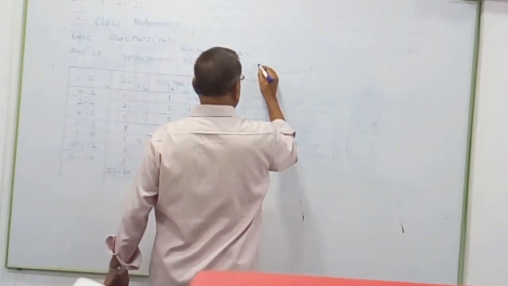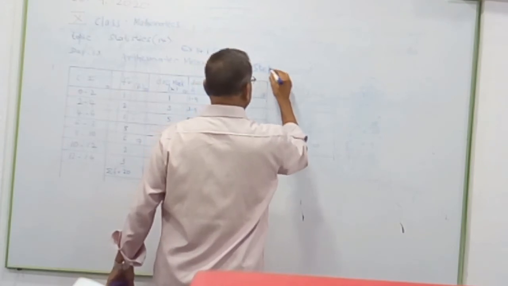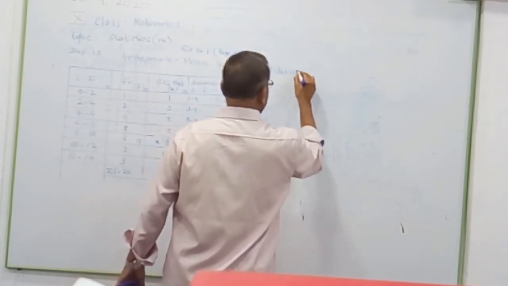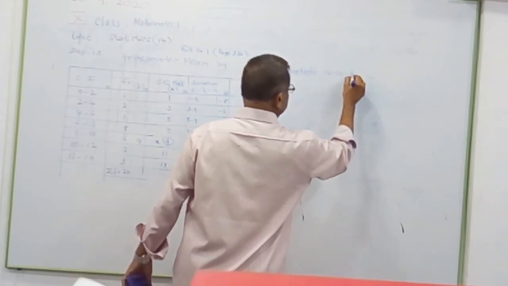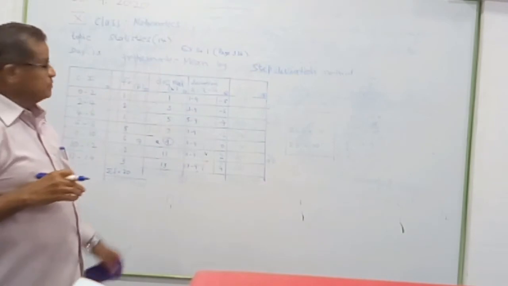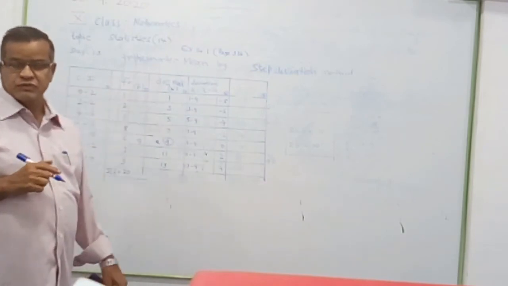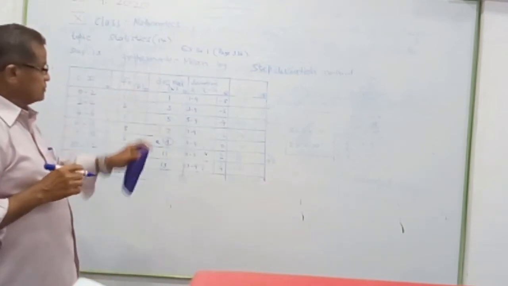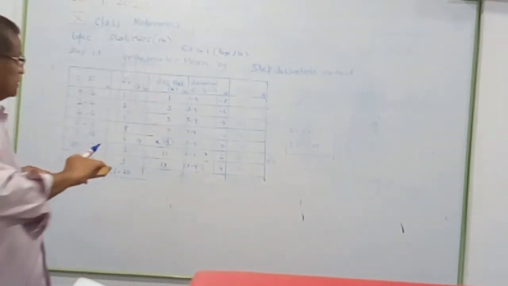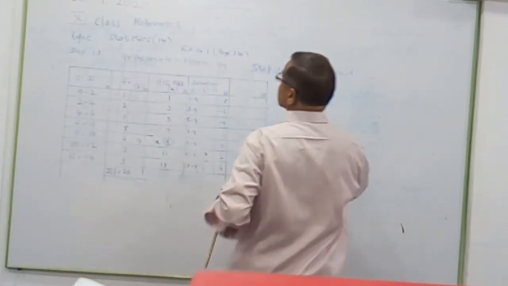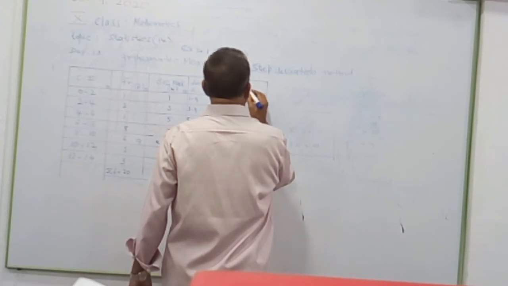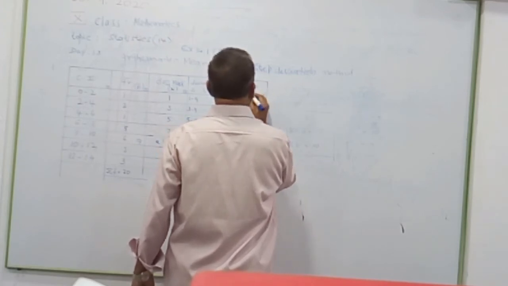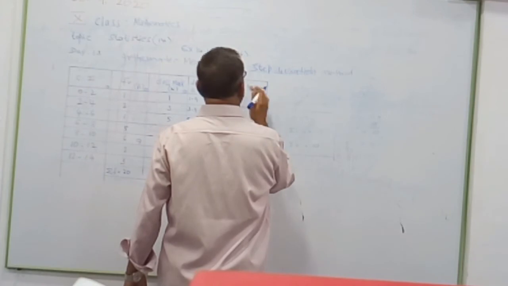Arithmetic mean by step deviation method. Step deviation method. Problem say columns are 6. There are 6 columns, and this is u, x minus a by h.